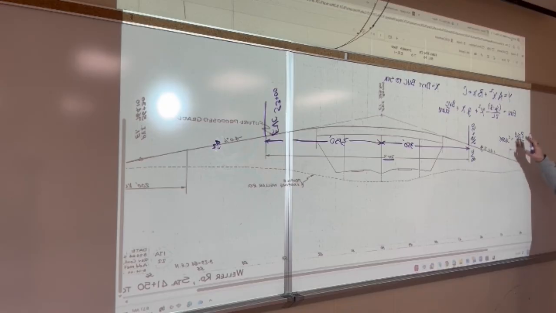So do a little bit of mathematical gymnastics here. We want to solve for the rise, so the run times your slope equals the rise.